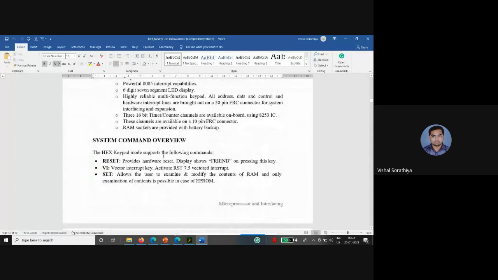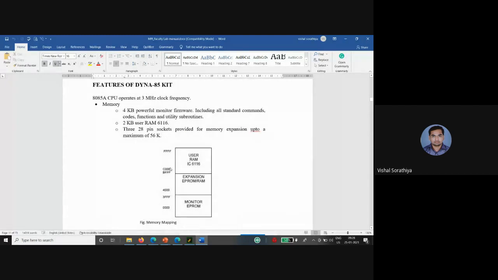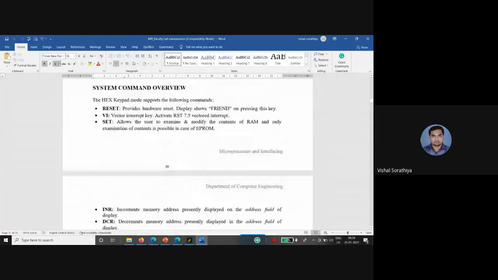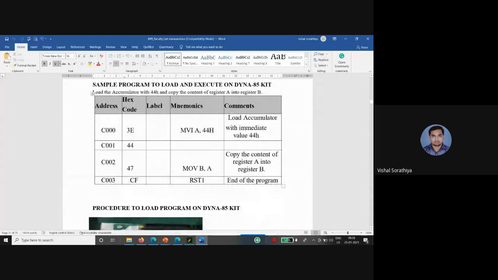So in the hardware, you have one kit named the Dyna 85 kit, under which whatever mnemonics or assembly language program there is, you write their respective hex code. Like if you have written MVI A, 44H, what would be the hex code for that?